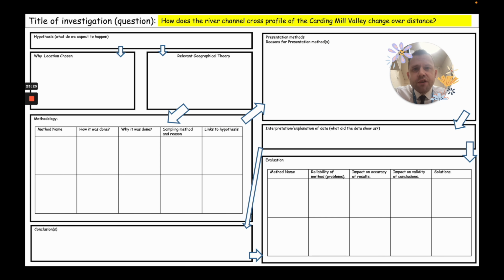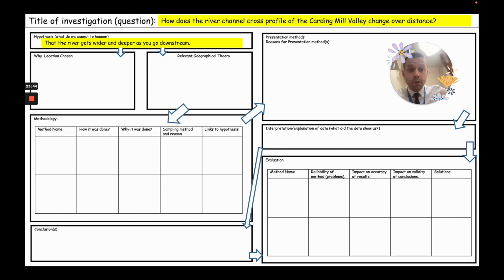How does the river channel cross profile of the Cardi Mill River Valley change over distance? So what we're saying is, how does the width and depth of Cardi Mill change as you go downstream? Our hypothesis was that the river gets wider and deeper as you go downstream.